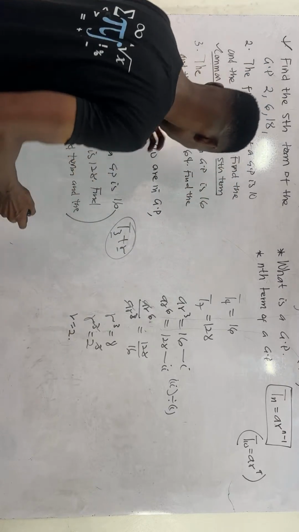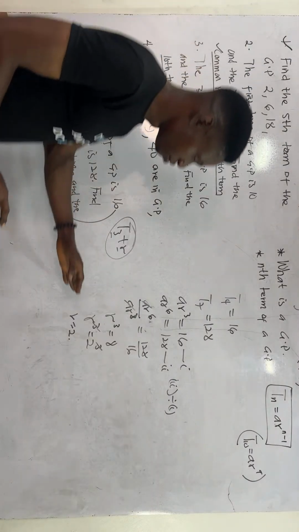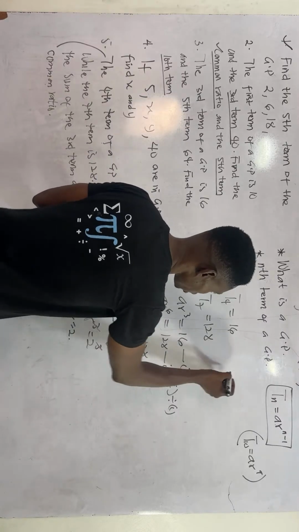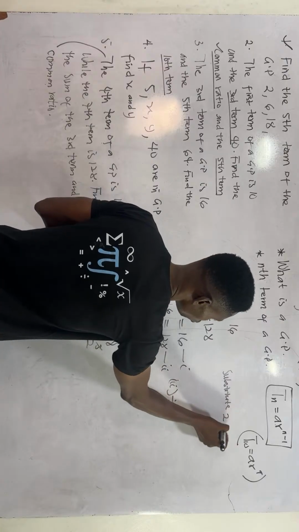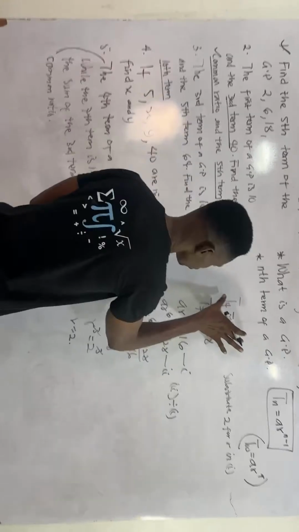Now, because we're looking for the third term, T3, we're going to need A and R. So now that we've known our R as 2, we can come here and find our A. We can substitute 2 for R in equation 1. So pick equation 1.